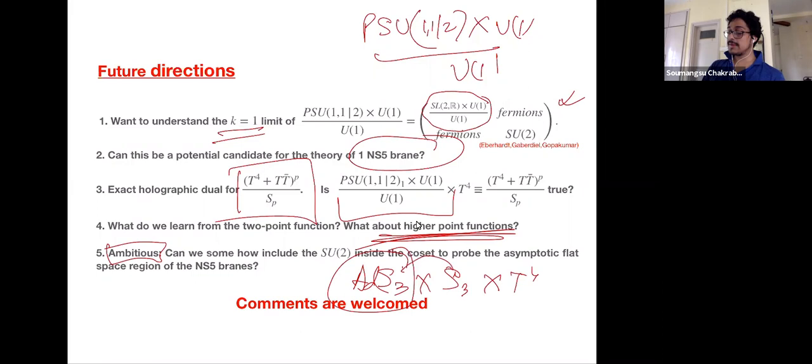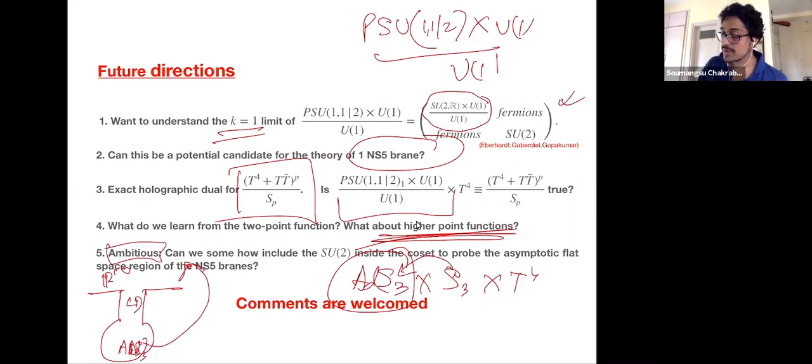Maybe we can bring this inside the coset such that it allows us to probe the asymptotic flat space region of the NS5 brane. If I draw this diagram that I had before, here you have R10, here you have the linear dilaton, you have AdS3. I would like to go from here to here, but that's a long-term project. I don't know how to do it.